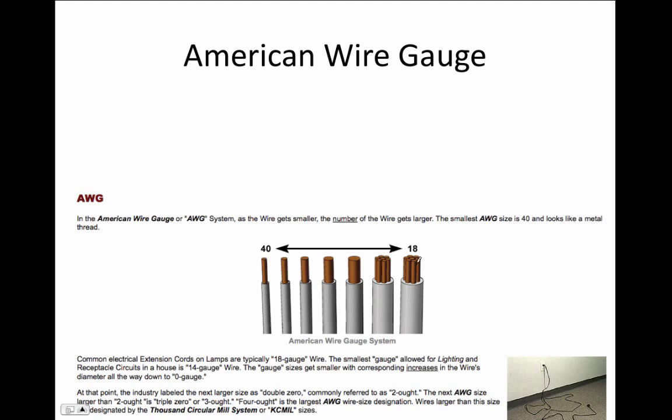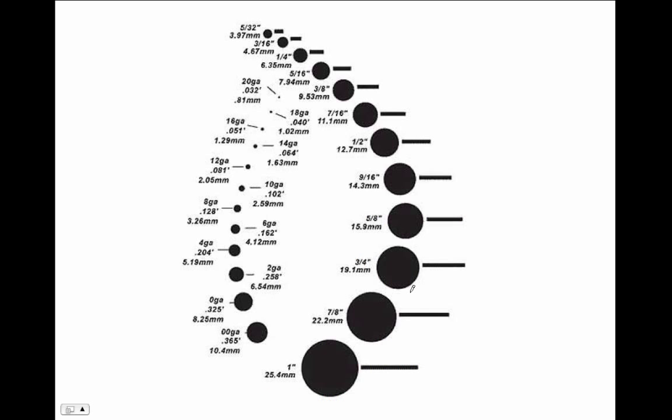The way wire gauges work is in American wire gauge, the bigger the number, the smaller the wire. So an 18 or 20 gauge wire is actually smaller than a 12 gauge wire.